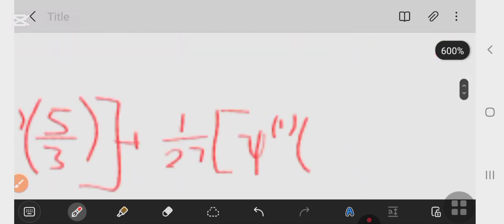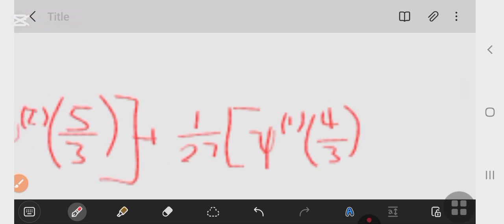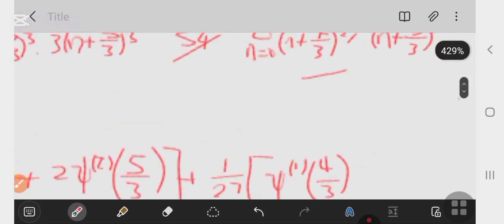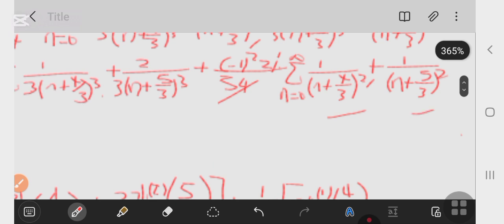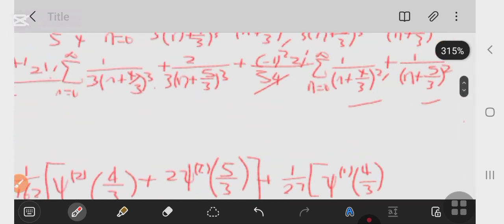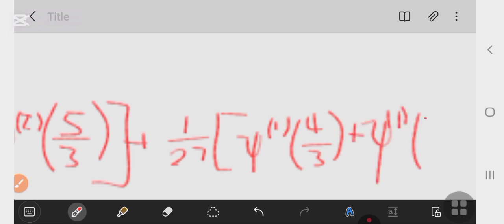Digamma 4 over 3 and 5 over 3, plus digamma 5 over 3.